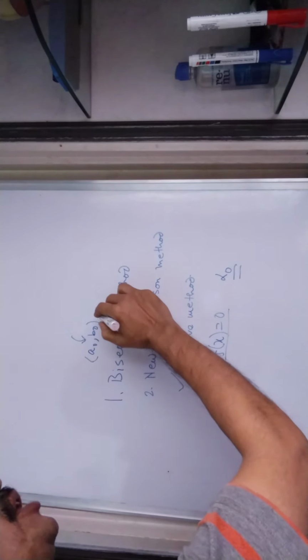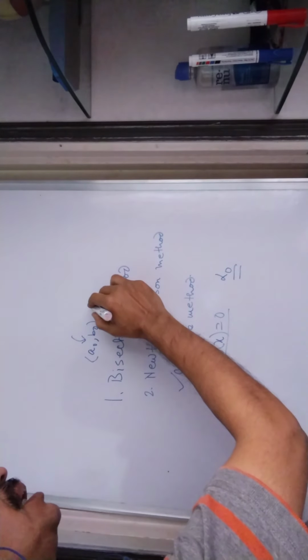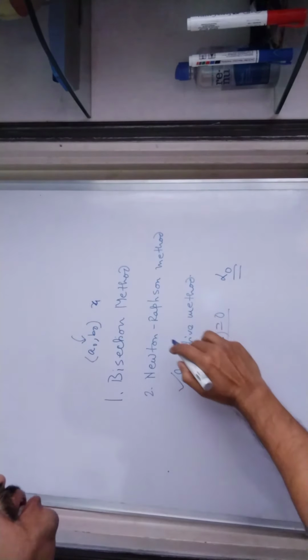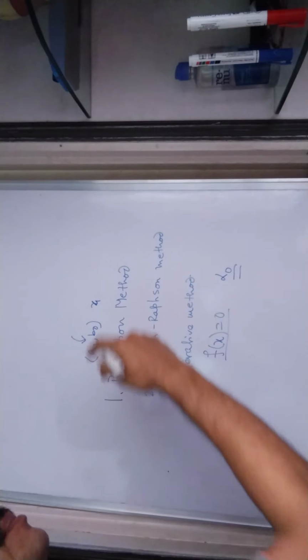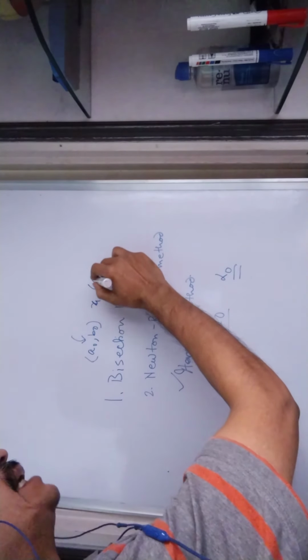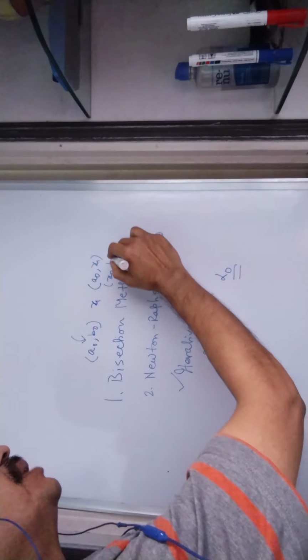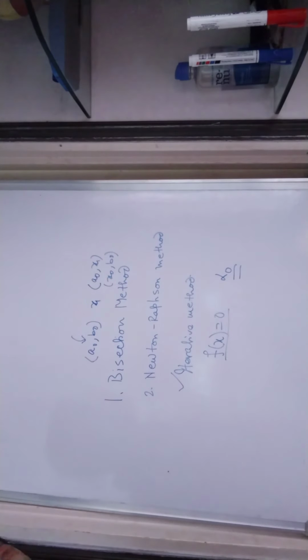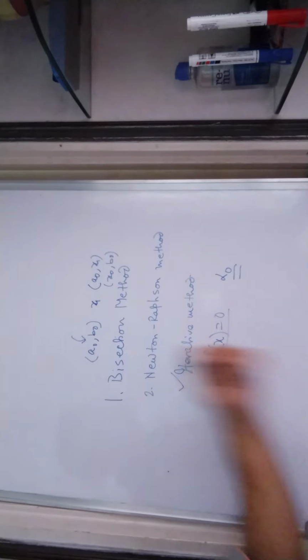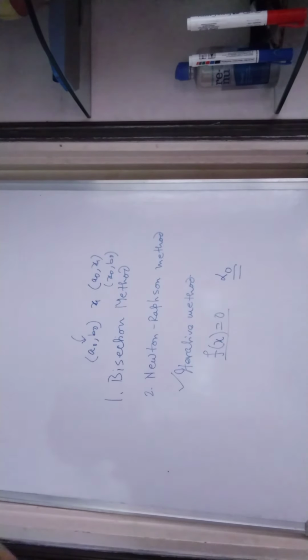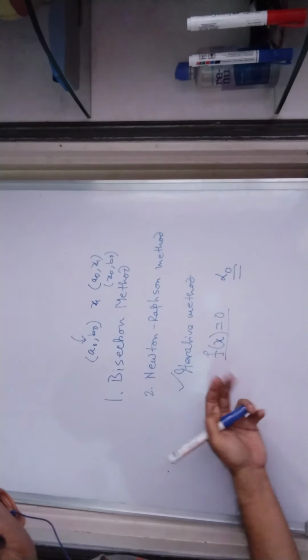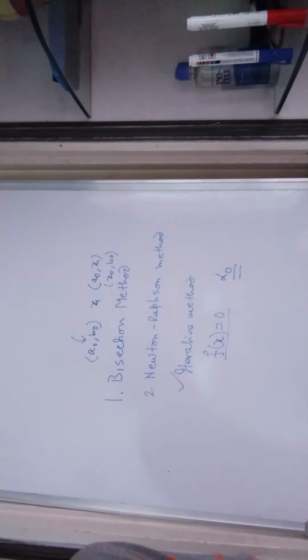Let the first midpoint be x1, and then we fix up another interval, either a0 x1 or x1 b0, depending on whether f of a0 and f of x1 are of opposite sign or not. Let us illustrate these two methods with a suitable example.